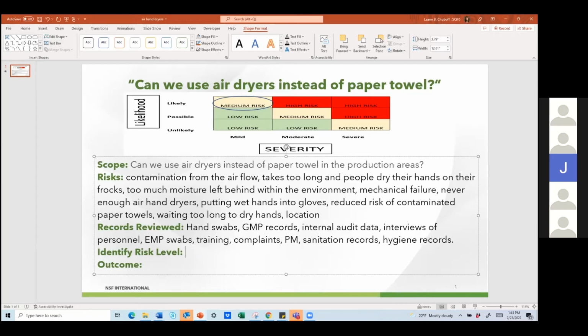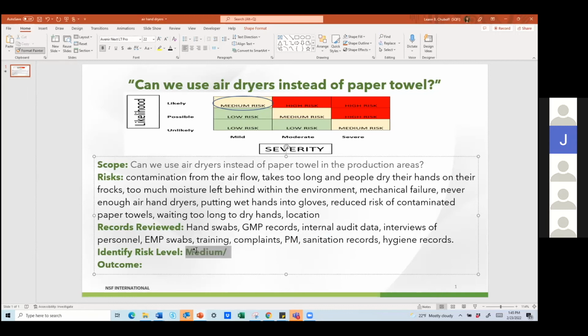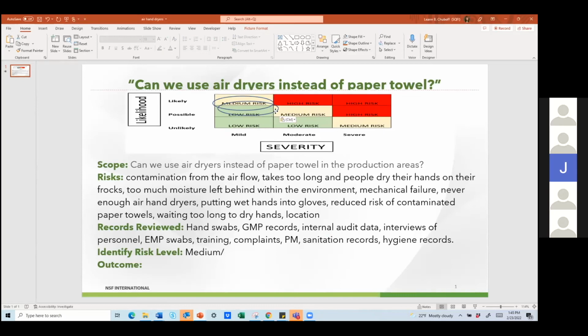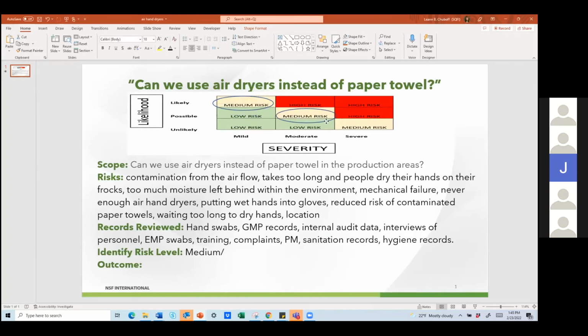And two, it's not just whether you're determining if there is a hand dryer that could minimize some of these risks and we can still use the air dryer anyway. So maybe we can assume we really just want one of those jet air dryers that just blow the bejesus out of your hands. Let's just go medium and medium.